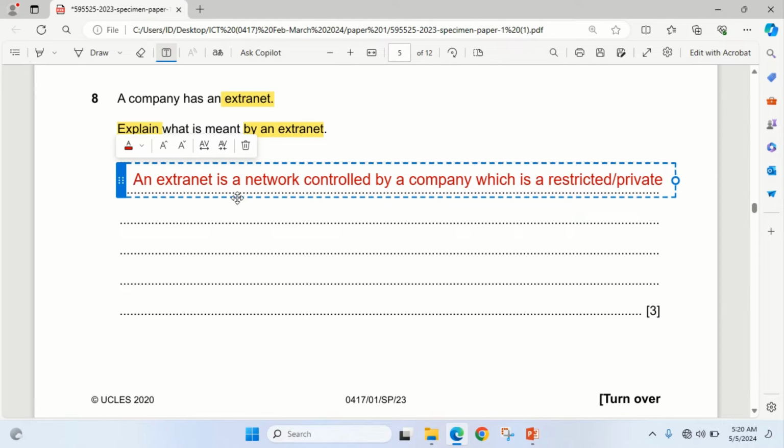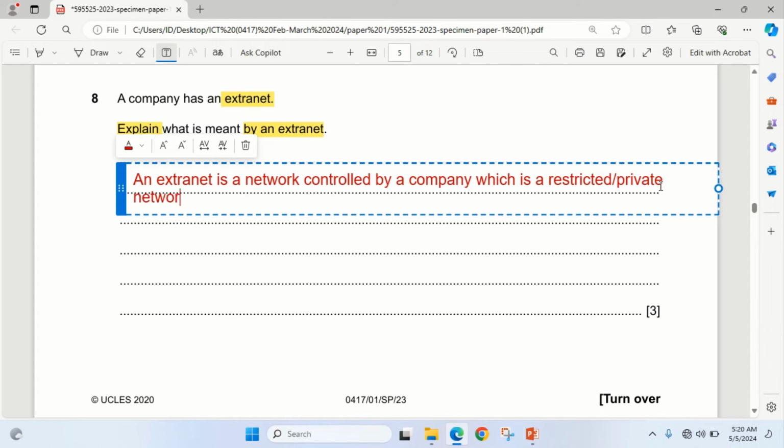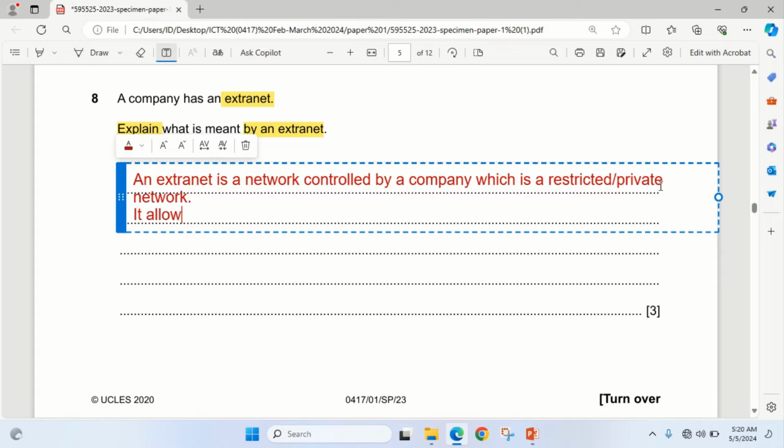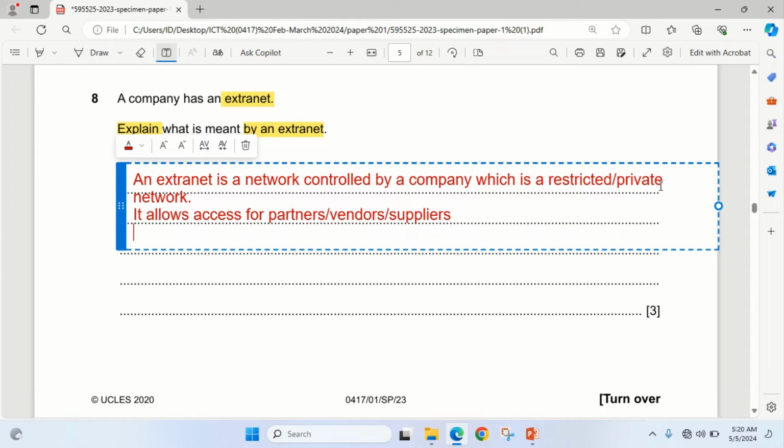Another thing that you can say about it is that it allows access for partners. So the partners of a company could have access to a portion, vendors or even suppliers, and the access is for authorized customers.